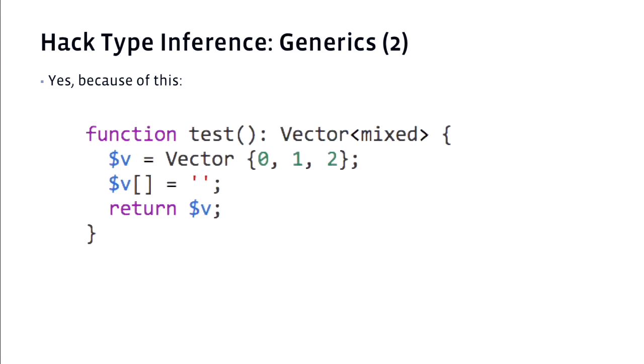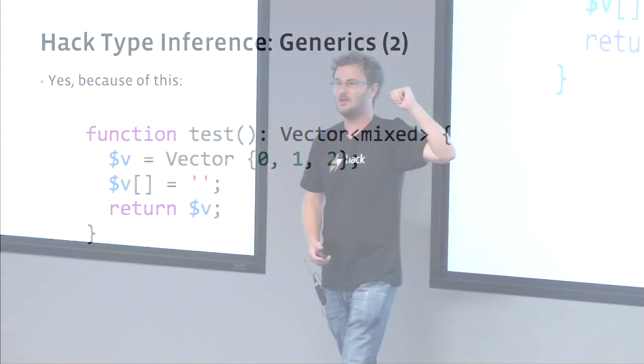Now, the reason why this code is legitimate is because of this, right? I said earlier that there was a type called mixed, and mixed could be anything. And so when you see these two lines of code, if the programmer was trying to build a vector of mixed, then this code is perfectly legit. Why would I prevent him or her from adding a string to a vector of mixed?